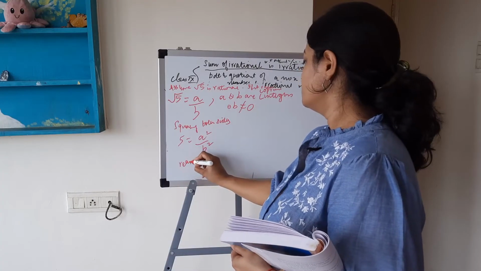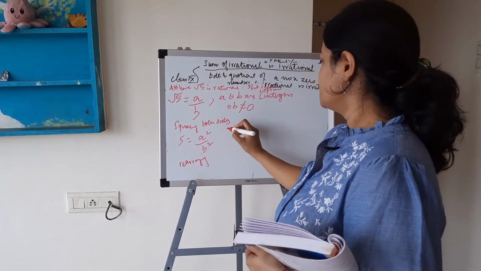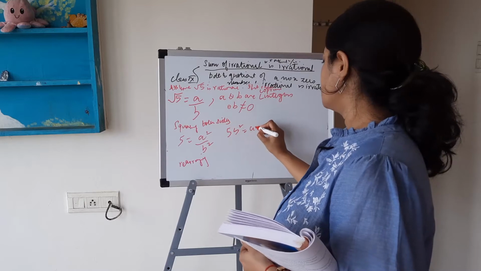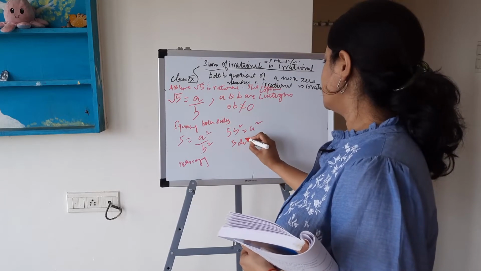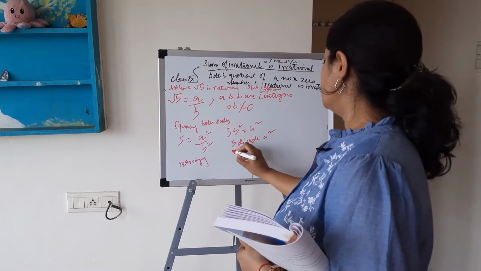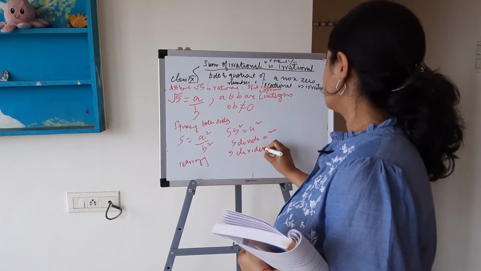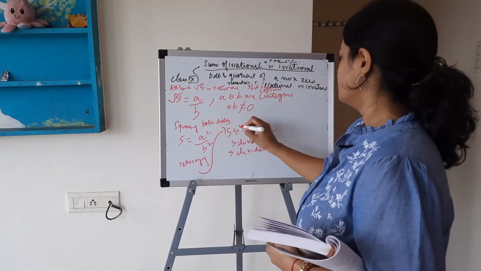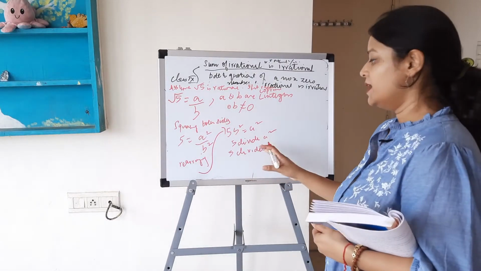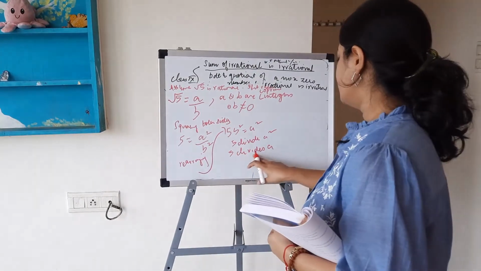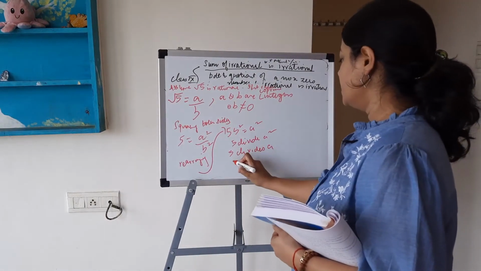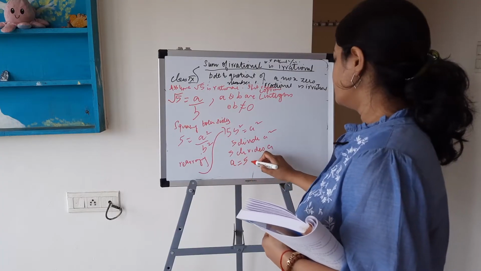Rearranging, 5b square is equal to a square. It means 5 divides a square. It means 5 divides a. This is how you have to write. Right? 5 divides a. We know what we have to do here. 5 divides a. So what does it mean? a is equal to 5c.